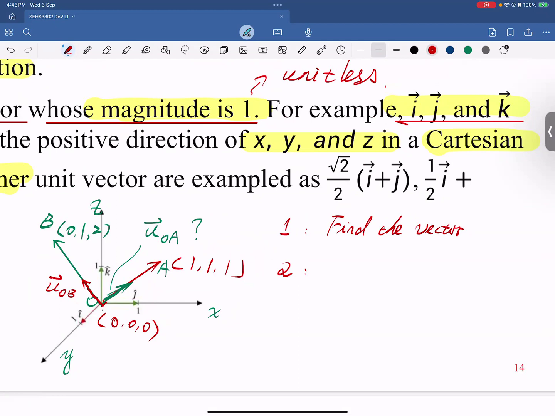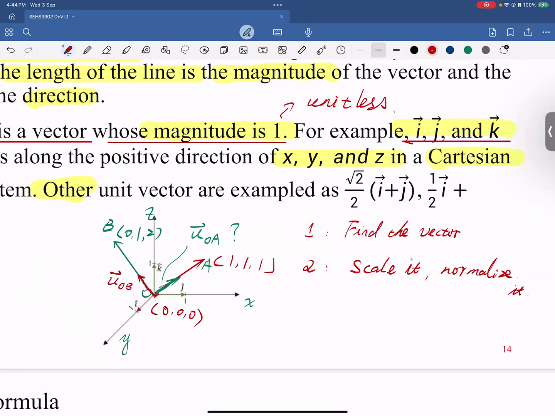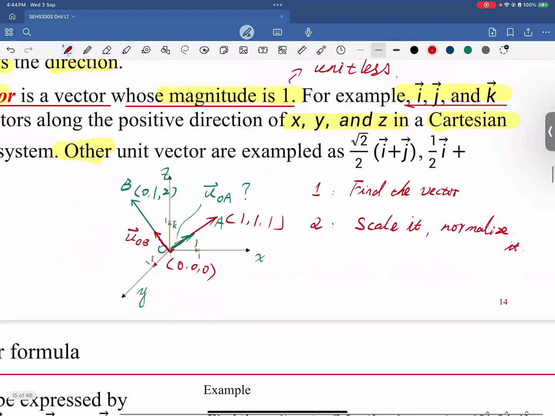We scale it, right? Scale it, or to normalize, right? Normalize it. 让它的 magnitude 变成1。So how to scale it down, right? Or up. So first step, find vector. How to find it? It's quite easy.